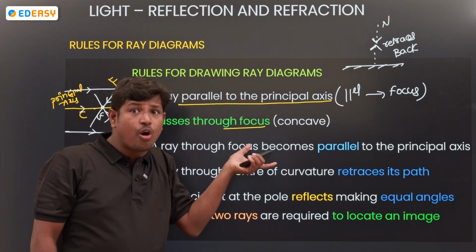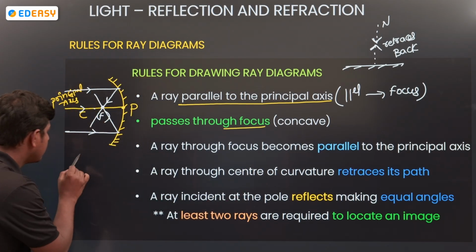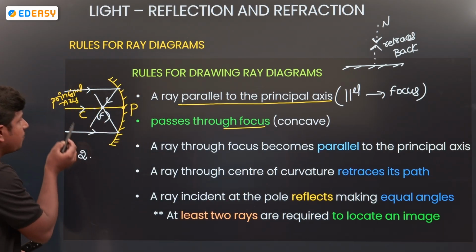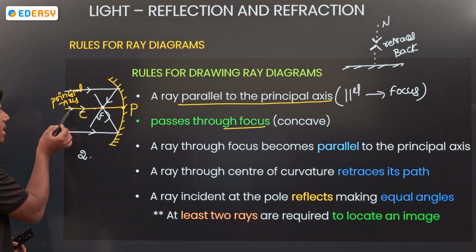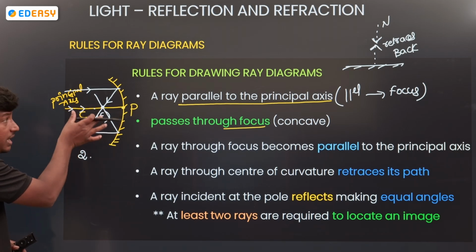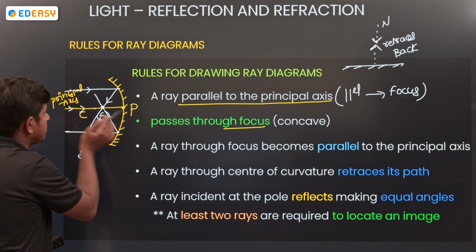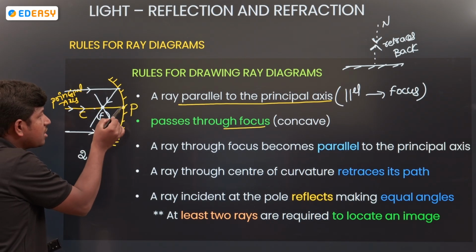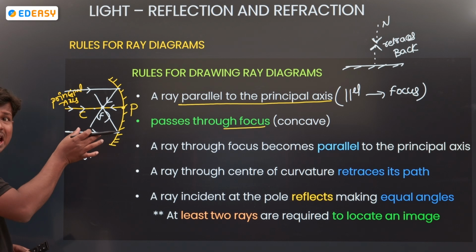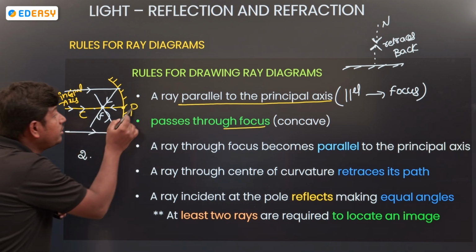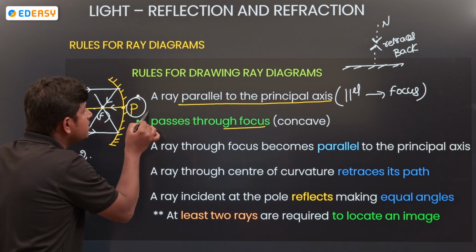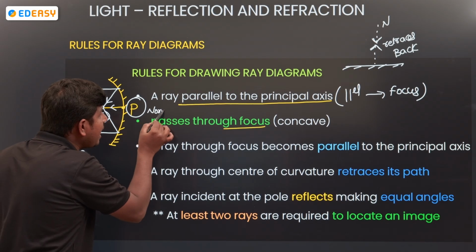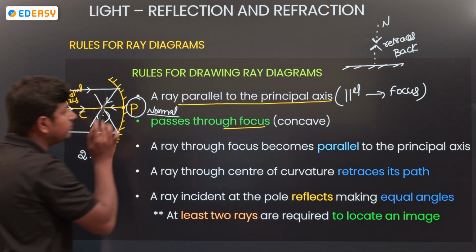What is the second point here? I am going to explain. The second point is that if any light ray passes through the principal axis, after striking the pole, it is reflected back only. It means this pole is acting like a normal.